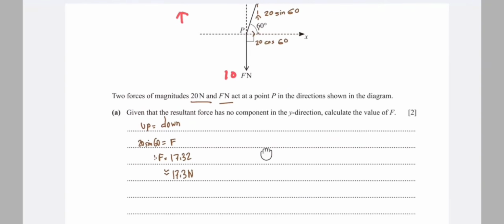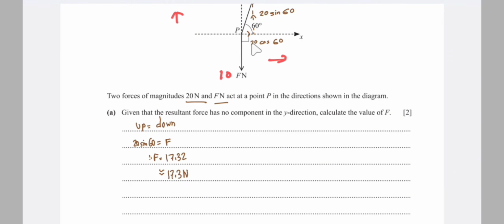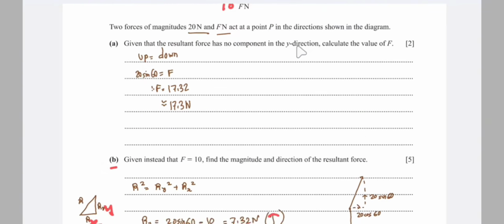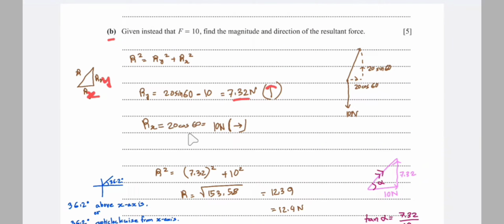And if we consider right as positive, the resultant force on the x-axis is 20 cos 60, that is 10 Newton, in this direction. So the resultant force is in this direction.